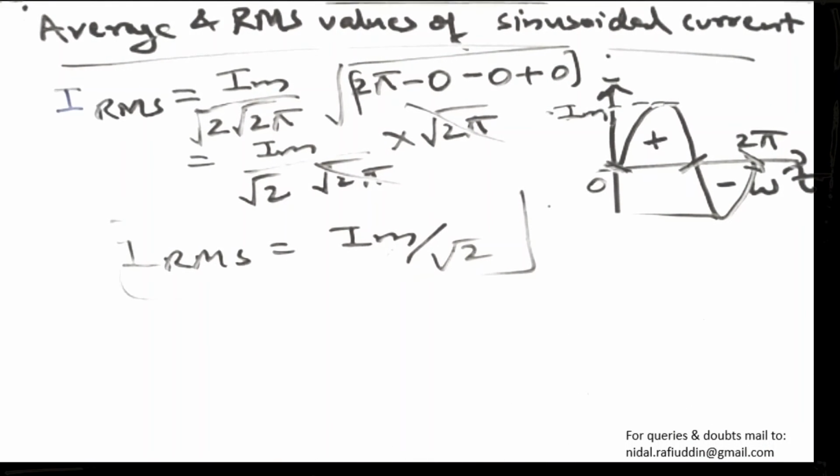Likewise, we can compute the average and RMS value for half cycles, and we'll see what difference comes in the half cycle compared to the full cycle.